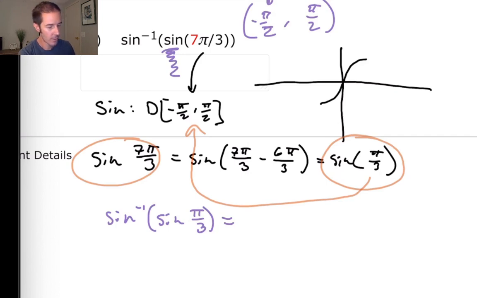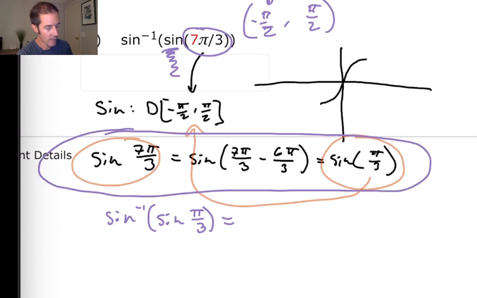Originally, the argument 7 pi over 3 was not in the domain of the restricted sine function. However, we were able to use some properties of the sine function to manipulate that original statement into a statement where we're now looking at the sine of pi over 3.